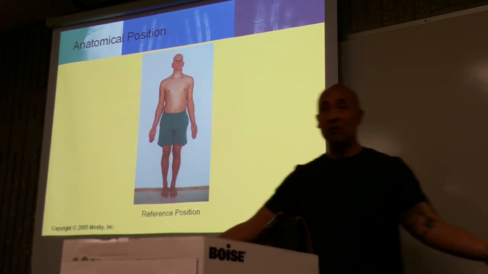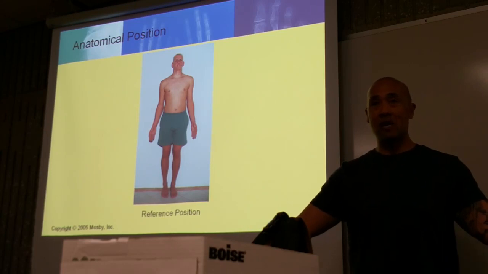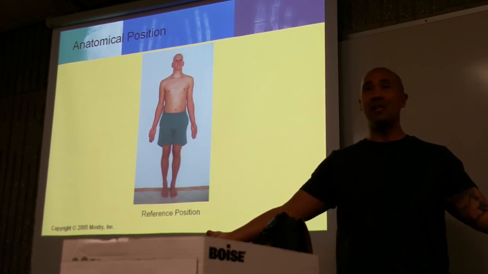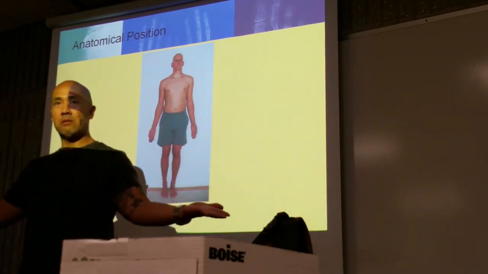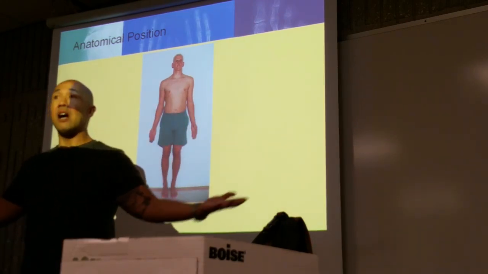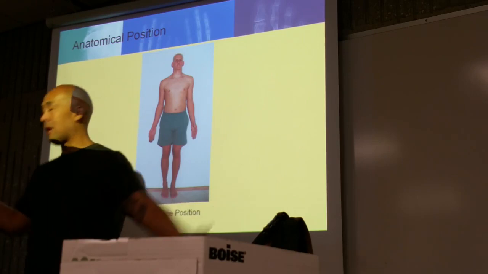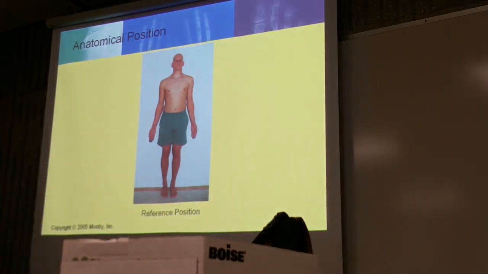Okay? And if I weren't standing, it would also mean that my toes were pointing down, heel up. Okay, I'm on my tippy toes. Toes pointing down, heel up is your anatomic position. Okay? So once we have a point of reference, now we can talk about other types of radiographic terminology.